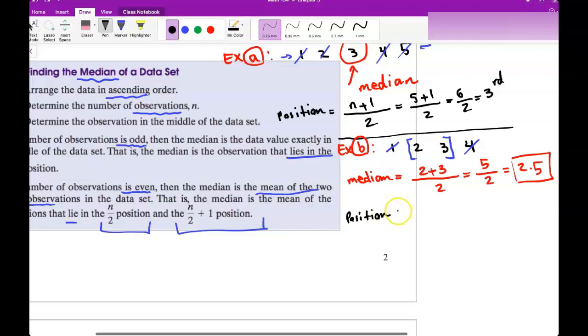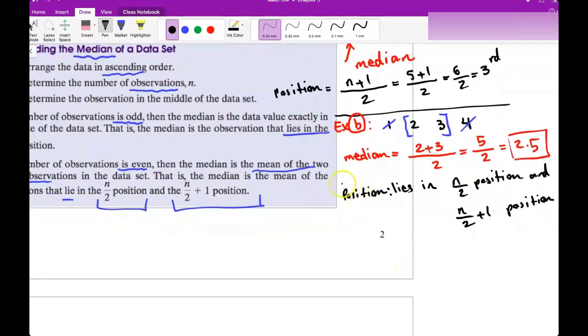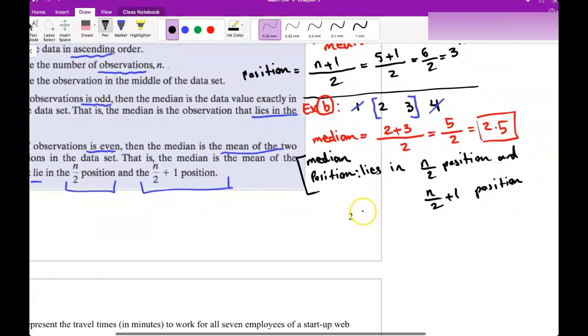So the position lies in n divided by 2 and n divided by 2 plus 1. So this is where our median is located.